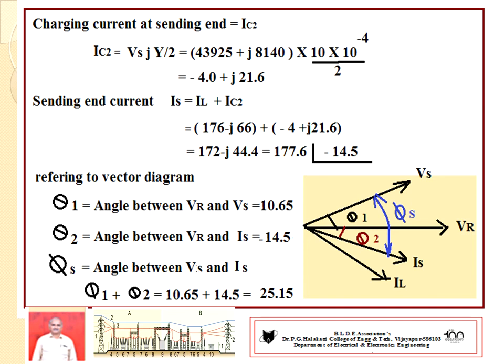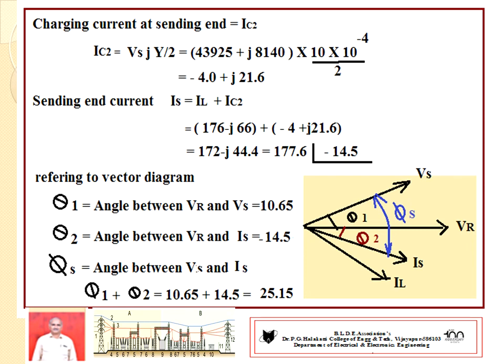This means Is lags Vr by 14.5. Then you draw as per the polar form results you are getting. And how to calculate the phase angle of the sending side power factor cos phi s? Phi s I need. After phi s, the sending end power factor comes.